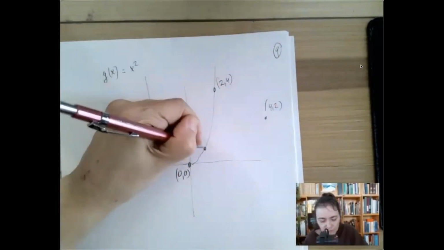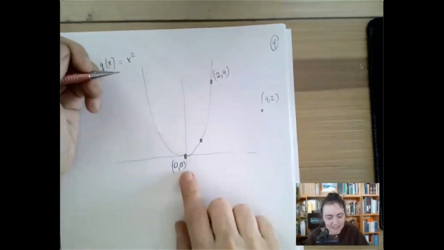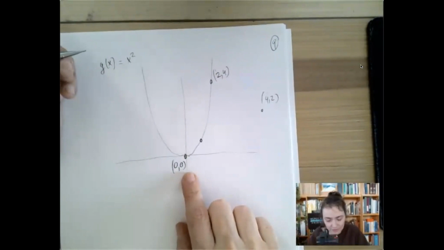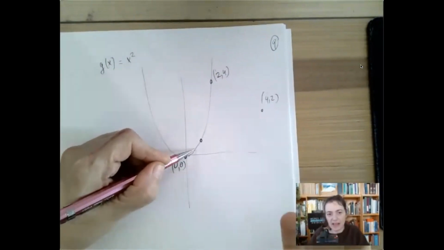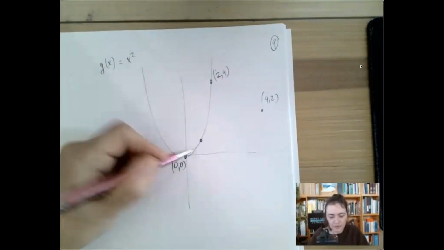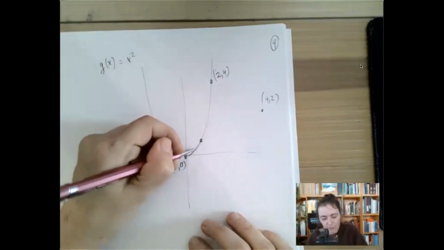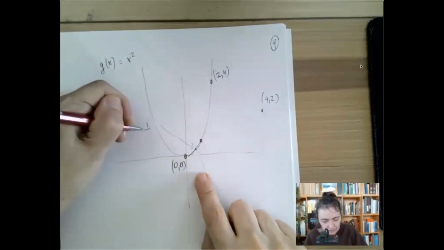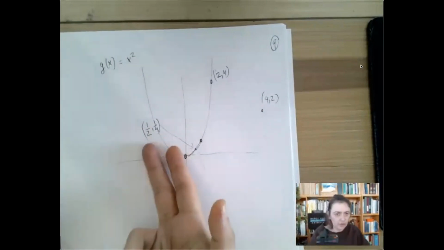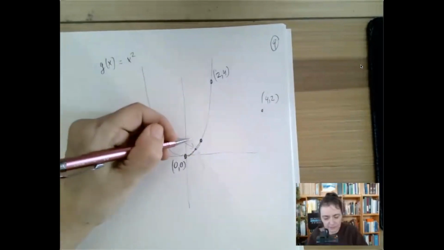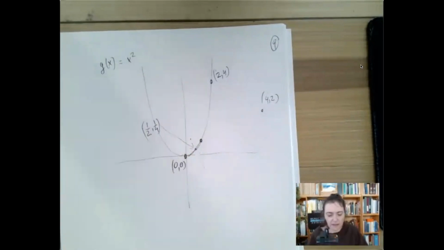Now, 1, 1 will not feel a thing when you swap the 2 coordinates, and neither will 0, 0. But in between here, you will feel the difference because if x is half, y is a quarter. So on the inverse, it's going to be quarter, half. It's going to be something like that.